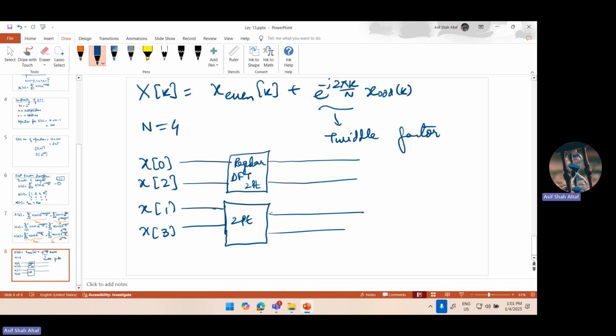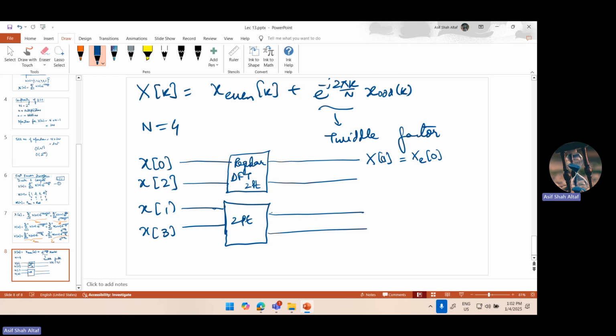And then at the output, for the first one, for the x of 0 here, it will be x even 0, so this component from here. So it will be xe, actually 0, not 1.